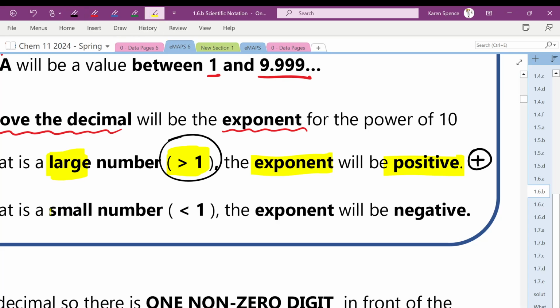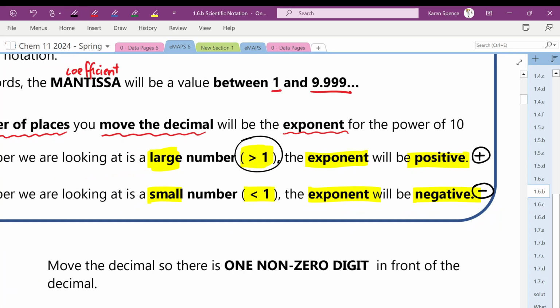If we have a small number, in other words, a number less than 1, the exponent will be negative. So you can always refer back to these little rules here if you get confused or if you're unsure what the general rules are. We're going to do a bunch of examples to make this make sense.